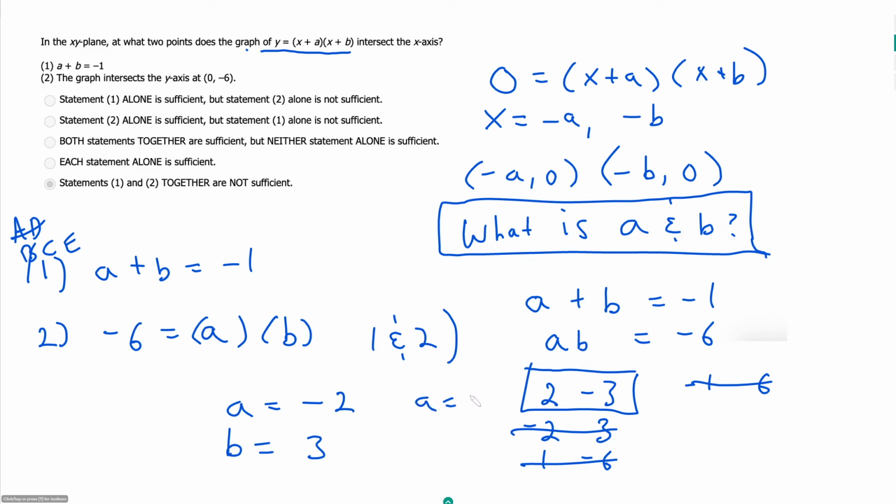And if a is equal to +3, b is equal to -2. But regardless of which one of these is the case, our x-intercepts are still the same, right? I'm sorry, these are our values for -a and -b. Our x-intercepts are still -2, 0, and 3, 0. So C.